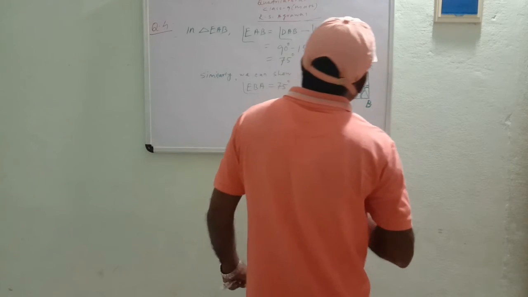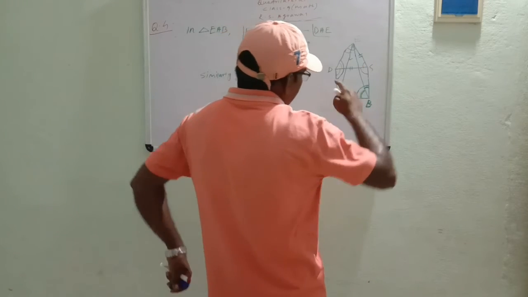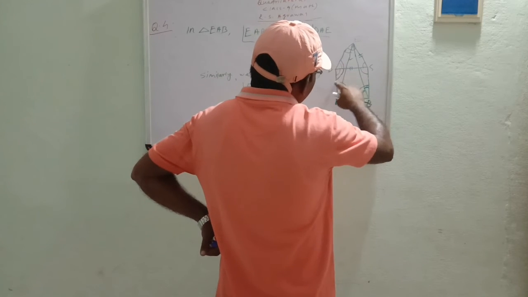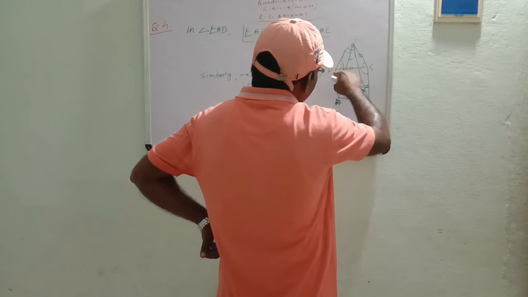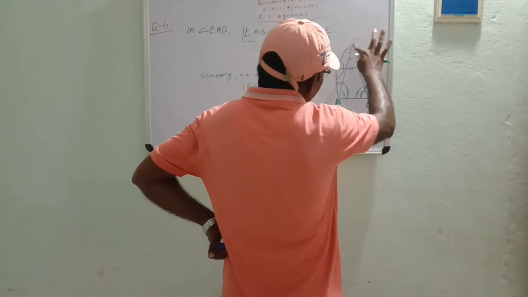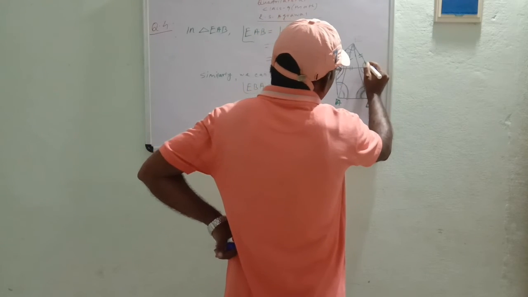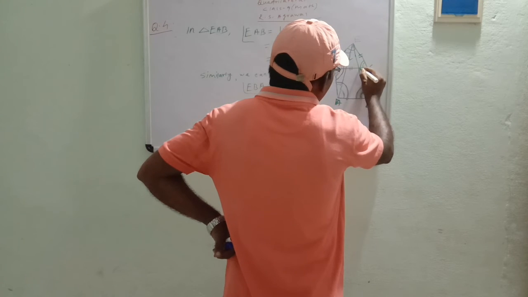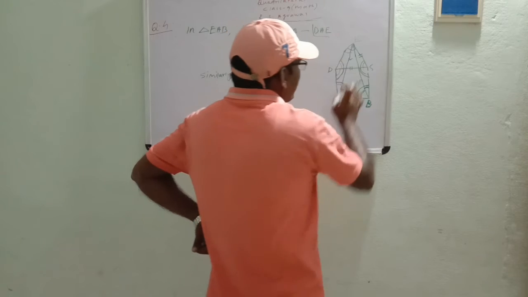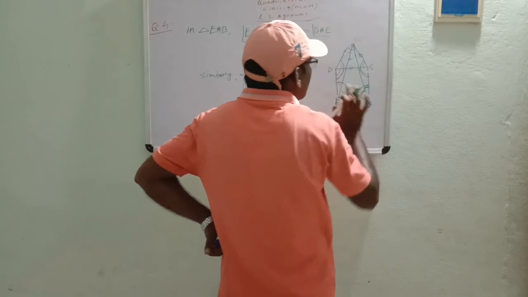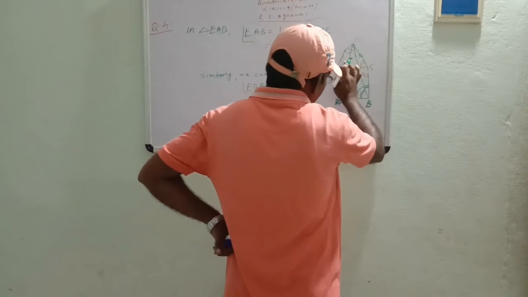Why? Because like angle EDA, angle ECB must be 150 degree. Why? Because angle ECD equal to 60, it is an equilateral triangle.